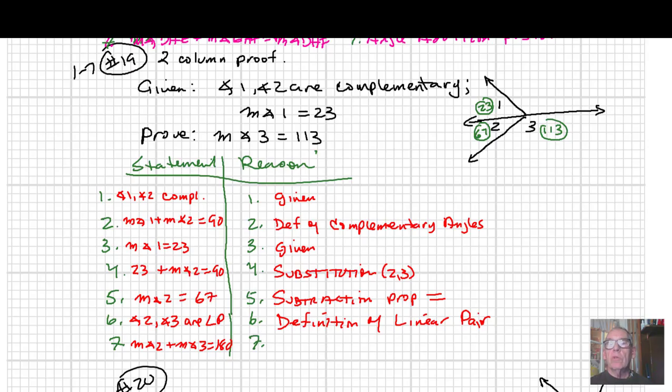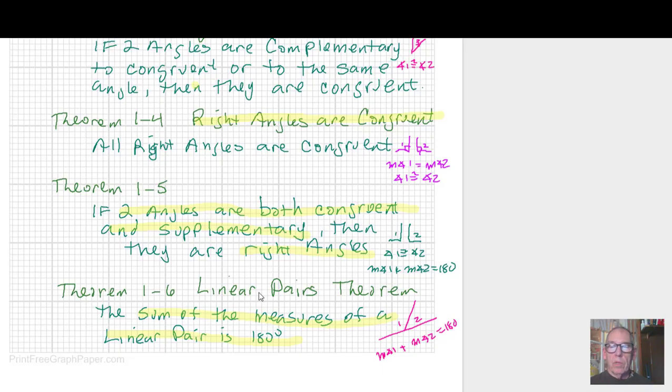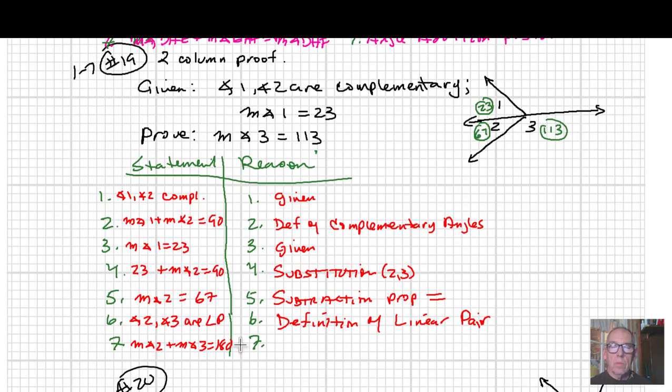And we don't want to use the theorem name, but we want to say linear pairs theorem for a reason. And maybe I would note that's our theorem 1.6. So linear pairs theorem lets us say that they're 180 degrees. Now angle 2 is 67, so we're going to substitute that in, which when we subtract it is going to leave angle 3 equal to 113 degrees.